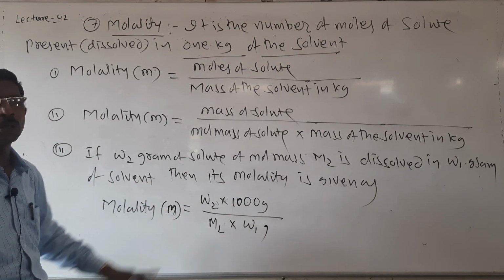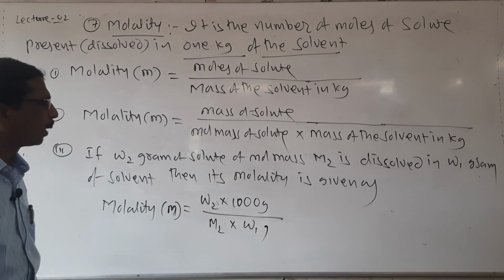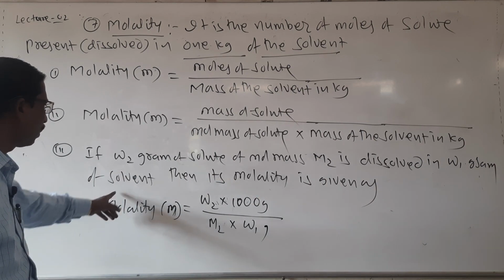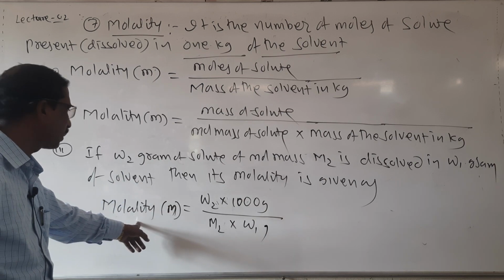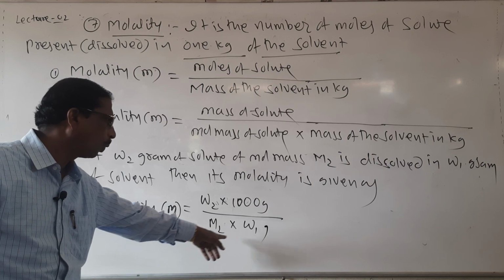Look here students, it is also the shortcut way. If W2 gram of solute of molecular mass M2 is dissolved in W1 gram of solvent, then its molality is W2 into 1000 divided by M2 W1.